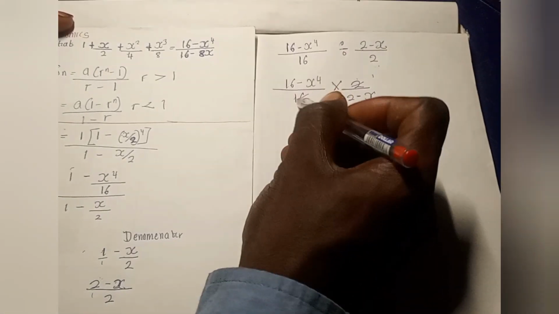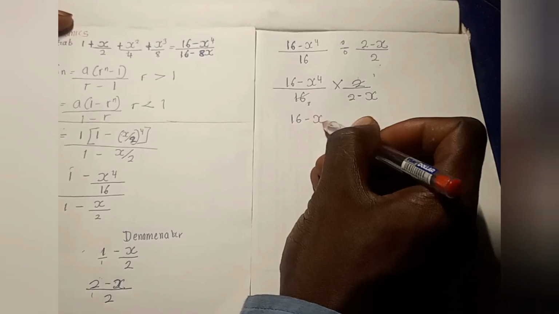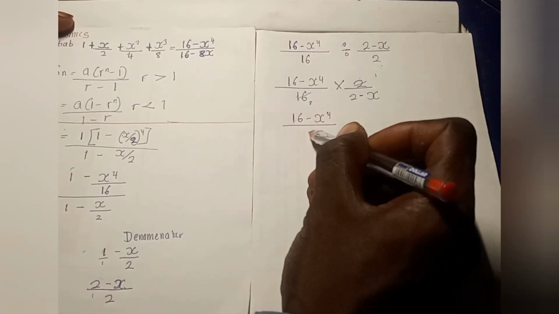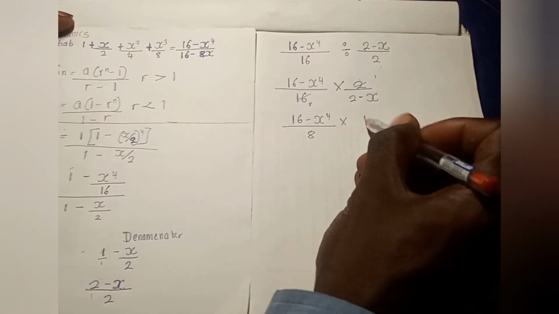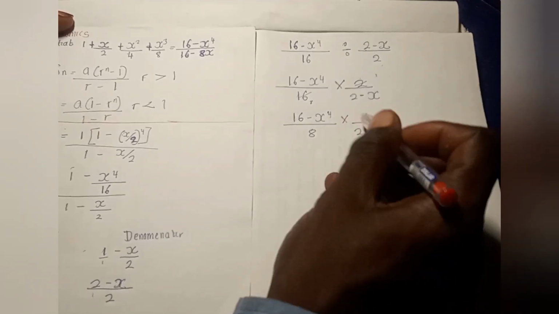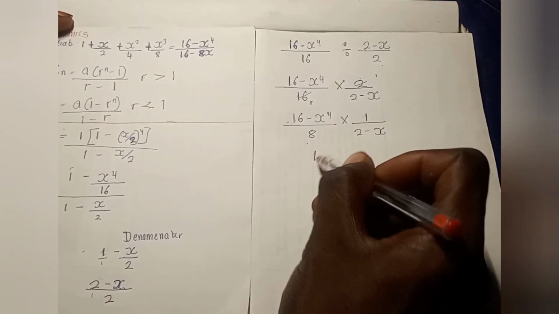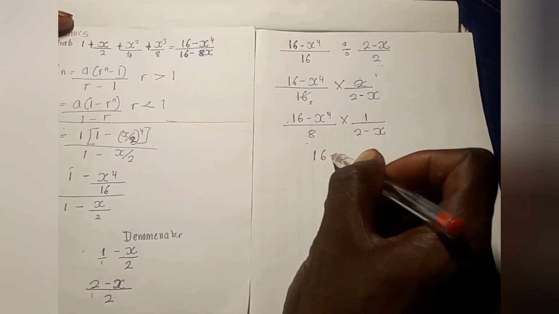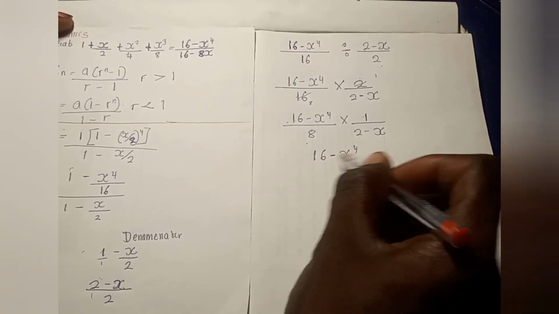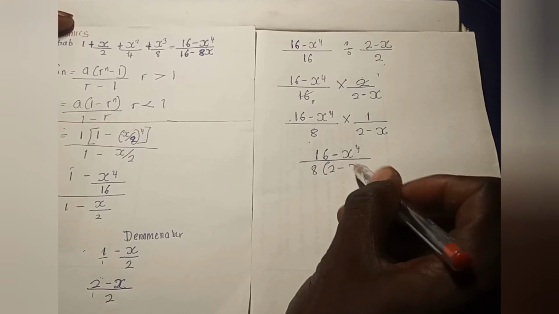I'm having 1, I'm having 8. So I'm going to be having 16 minus x raised to power 4 over 8 multiplied by 1 all over 2 minus x. So this multiplied by this. So I'm going to be having 16 minus x raised to power 4 all over 8 into bracket 2 minus x.